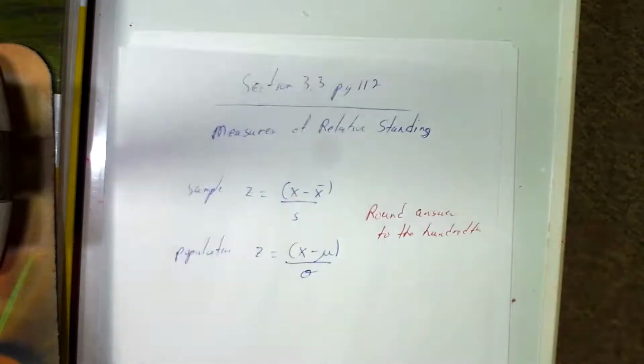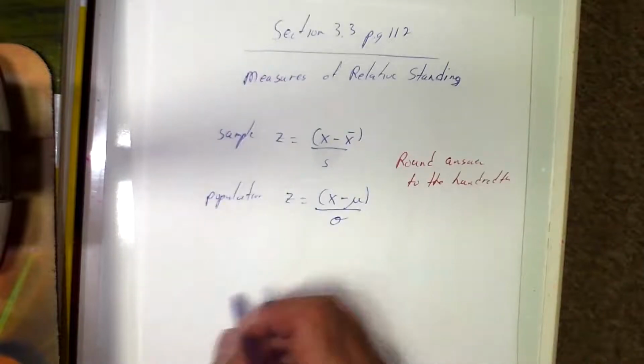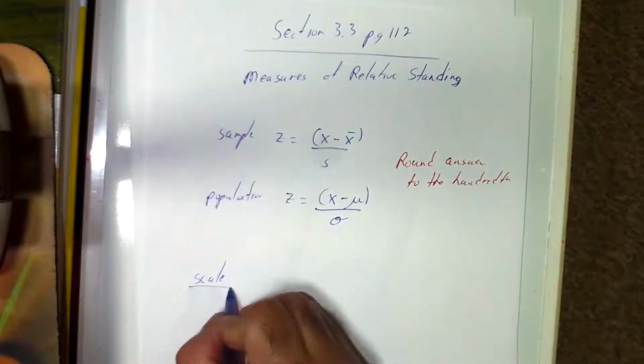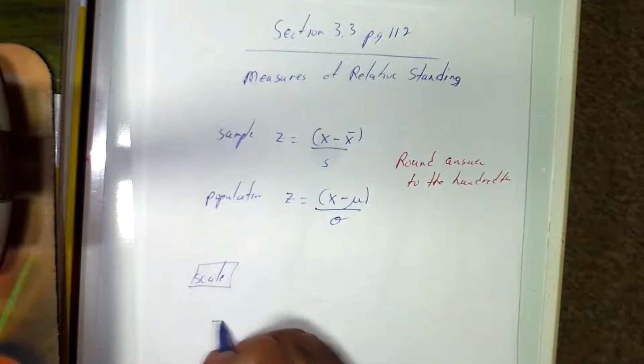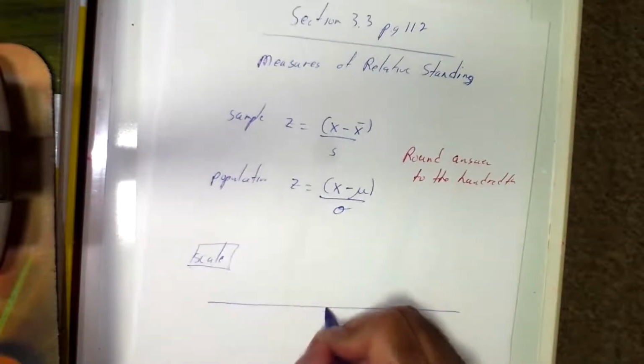So we're going to have the scale. The scale that we use looks like a number line.